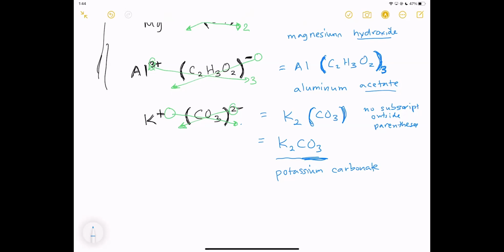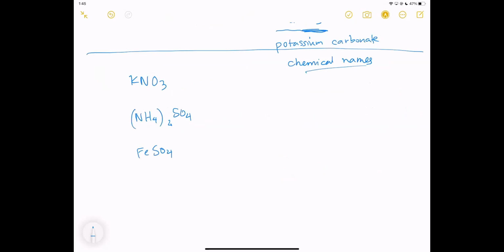So I'm going to write the chemical names of these. For ionic compounds, writing the chemical names means you're writing the names of the ions. So you need to first figure out the ions.